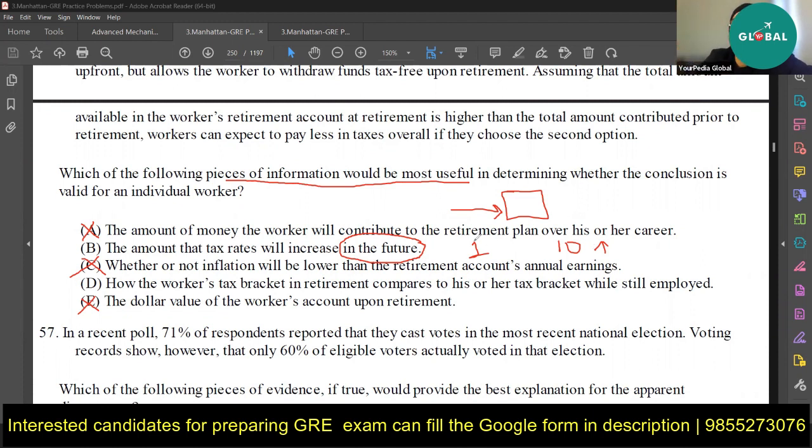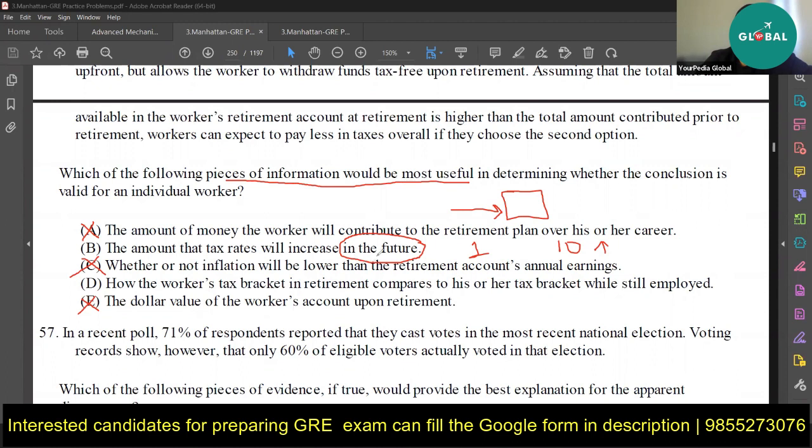But what if the worker is going to retire in the first year? Even if I give you the amount that the tax rate will increase in the 10th year, it is not a piece of information which you require, because he's going to retire after the first year. This may be one of the scenarios. So in the future is a very general term.